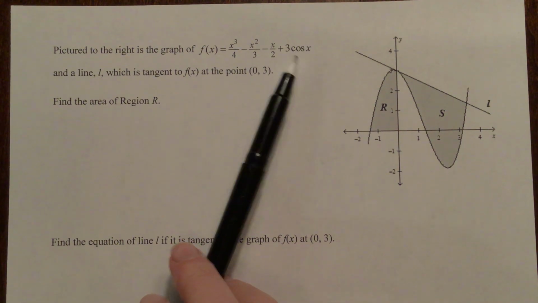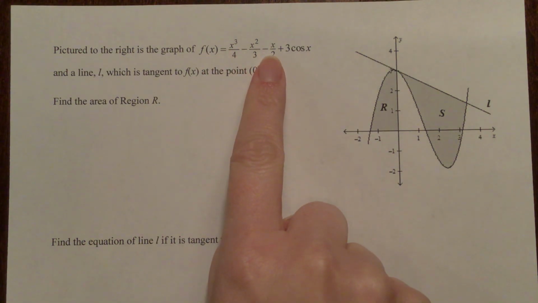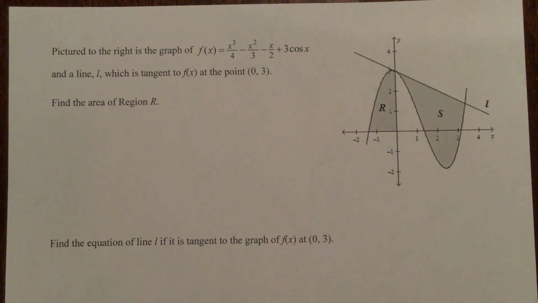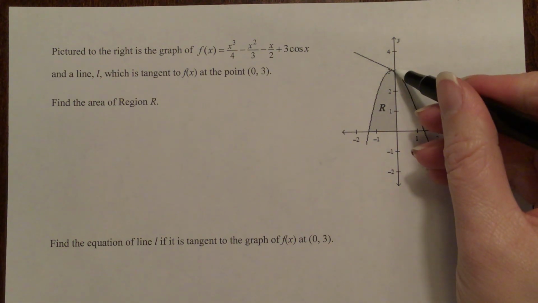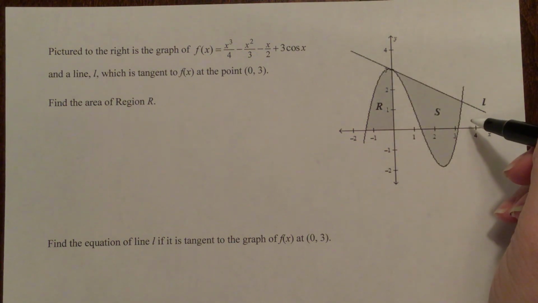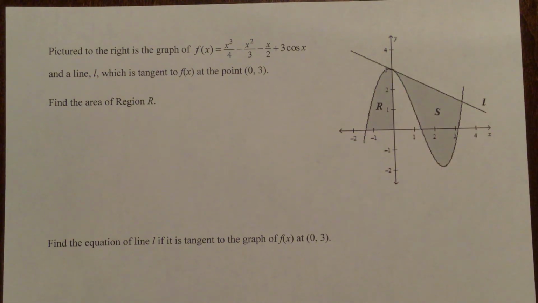They equal each other at (0, 3). And the slope of this equals the slope of that, f prime of x equals the slope of that line. f prime of 0 equals the slope of that line.